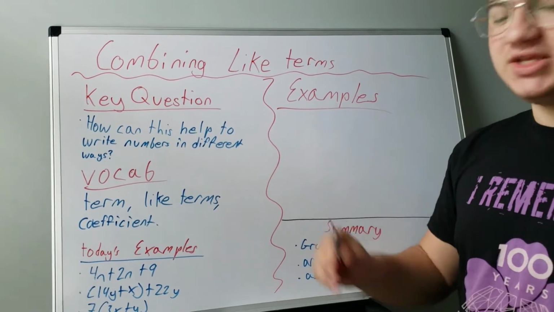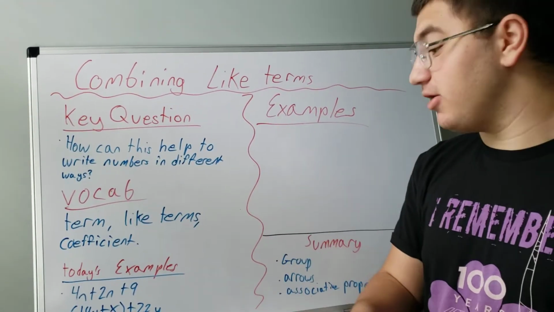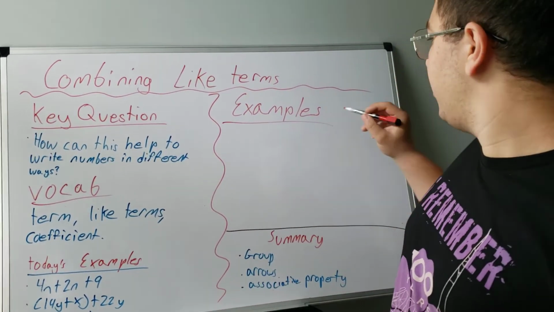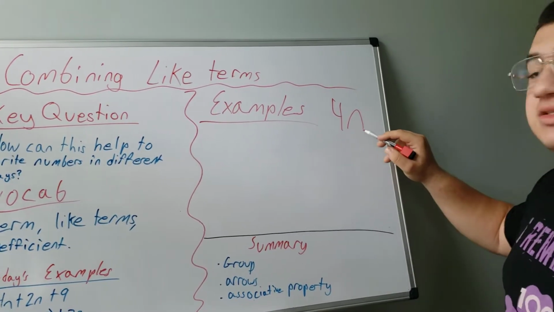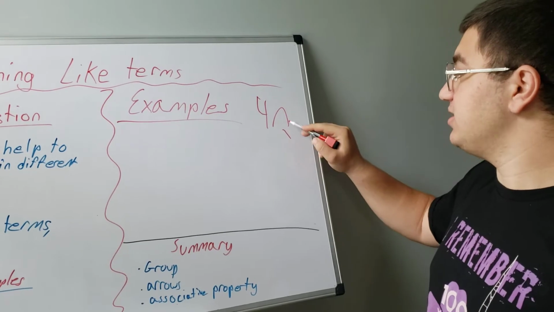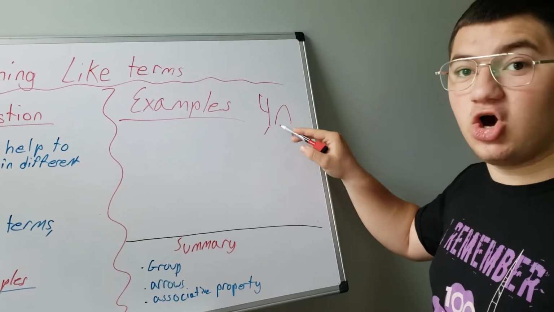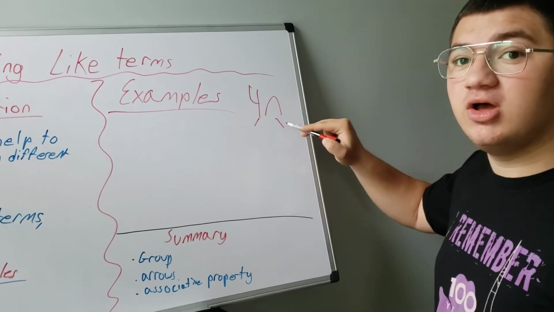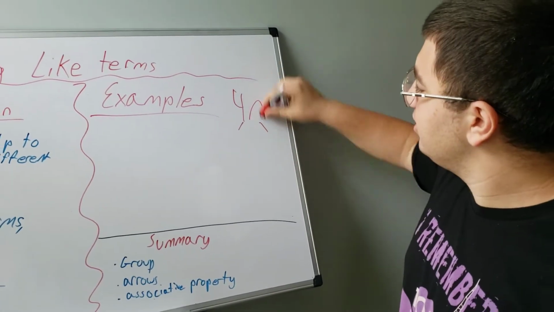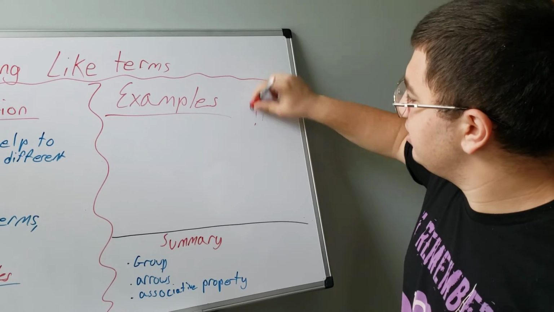A coefficient is a number in front of a variable. So for instance, if I write 4n, this is the term. The n, that's the variable, and the 4 is the coefficient, because that is what ultimately determines the value of the n.